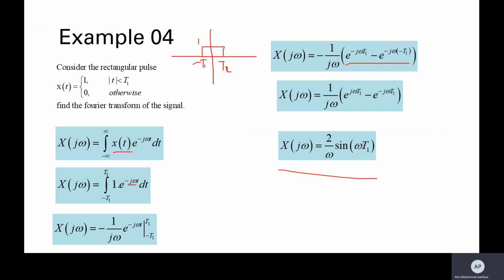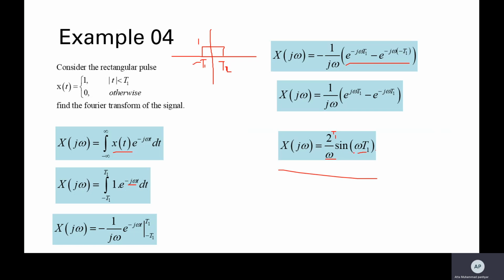Now you can see that if we put omega equal to 0, the function would be undefined, but using L'Hopital's rule, when omega approaches 0, the derivative of sine would be cos omega t1, and the derivative of the inner function would be only t1, so 2t1 cos omega t1, and the derivative of the denominator would be 1.